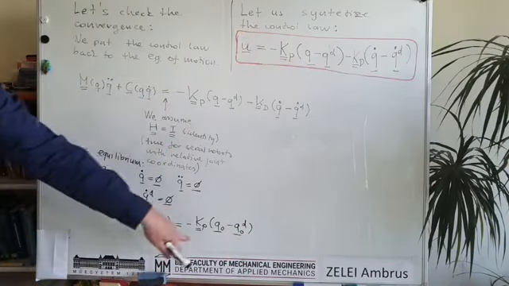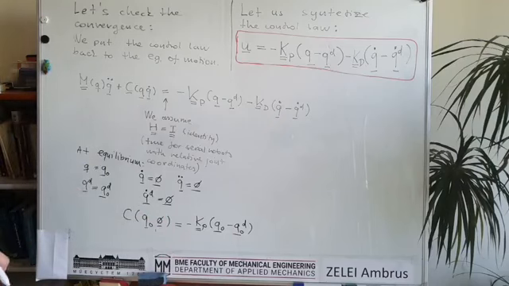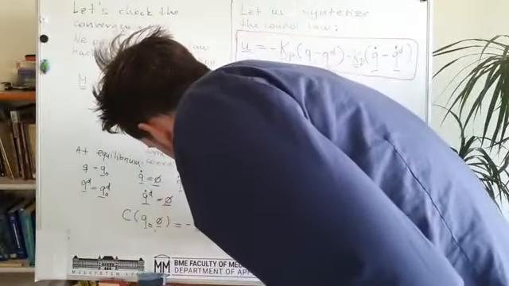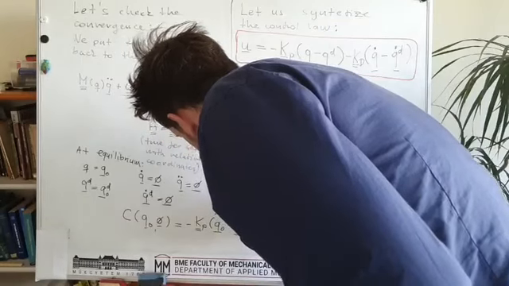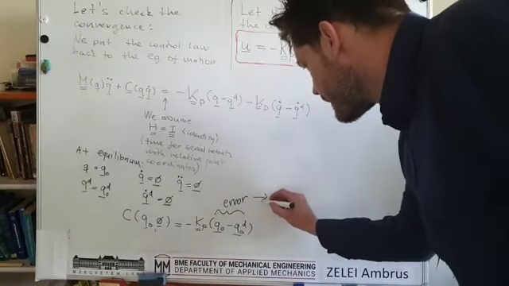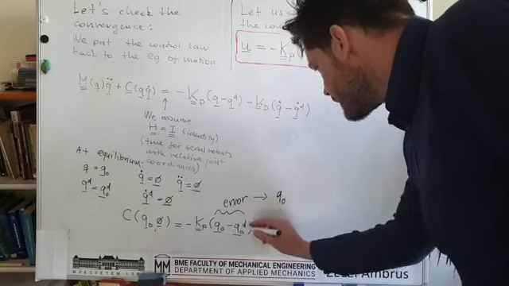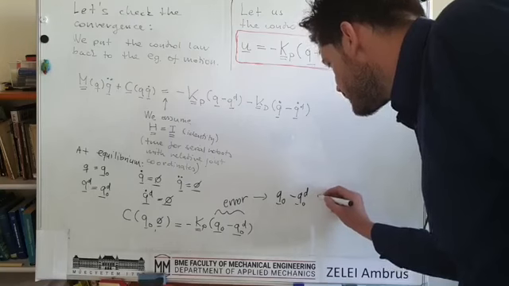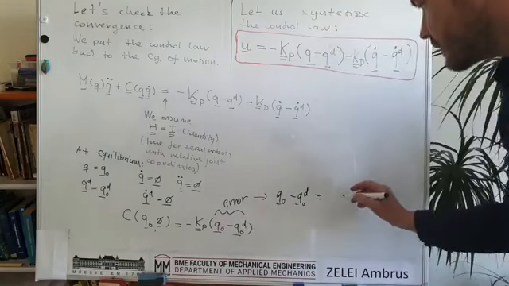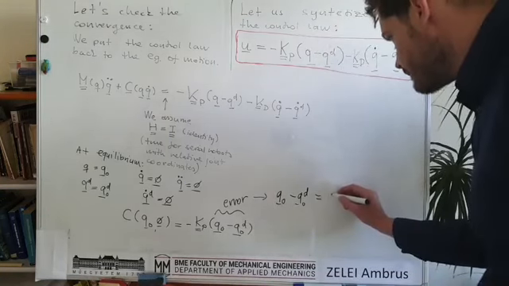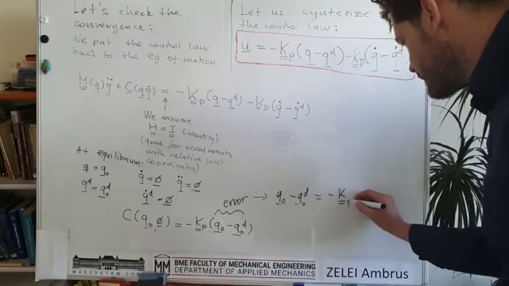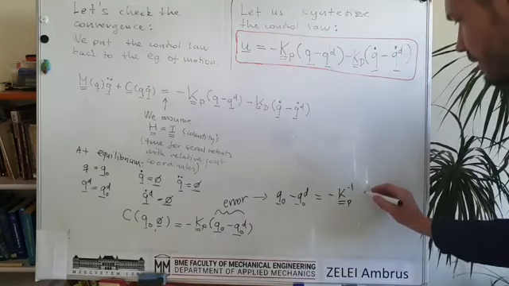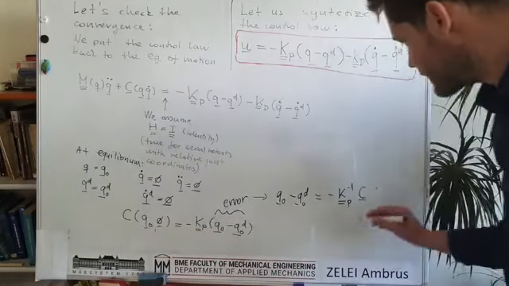So we will obtain this very simple equation, and finally we see that the error will not be 0. So this is basically the error, and there will be an error remaining which cannot be driven to 0. So this error will be just equal to minus Kp inverse, if we can calculate the inverse, times some forces.